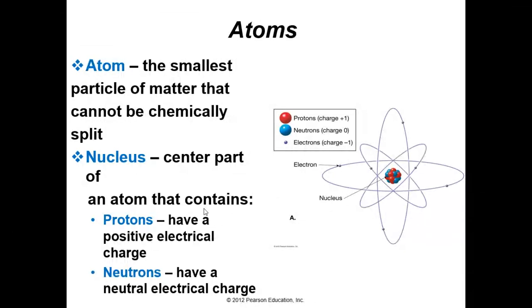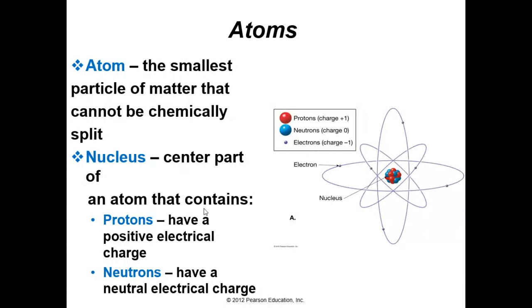So an atom is the smallest particle of matter that cannot be chemically split. Everything in our natural world, from your body to the computer sitting in front of you to your glass of water, really gets broken down into a tiny particle called the atom.